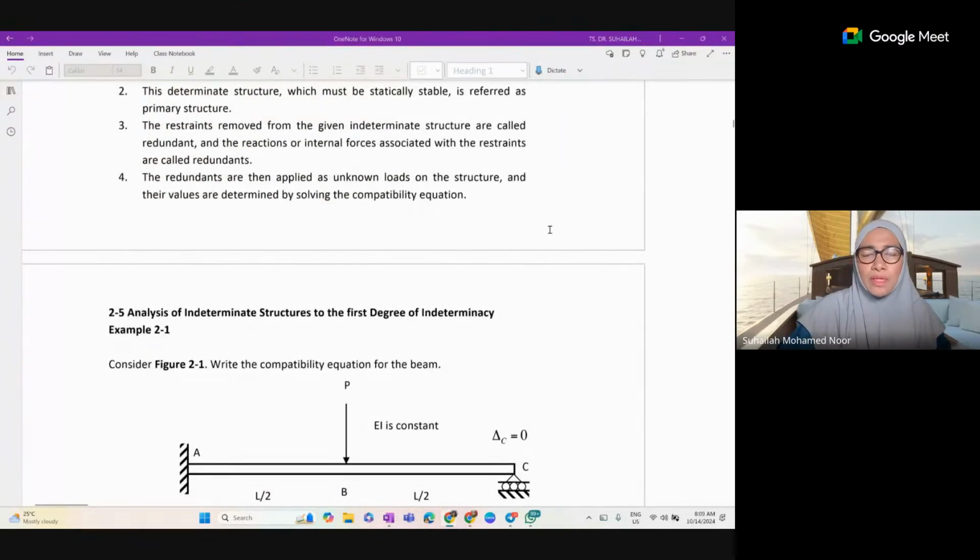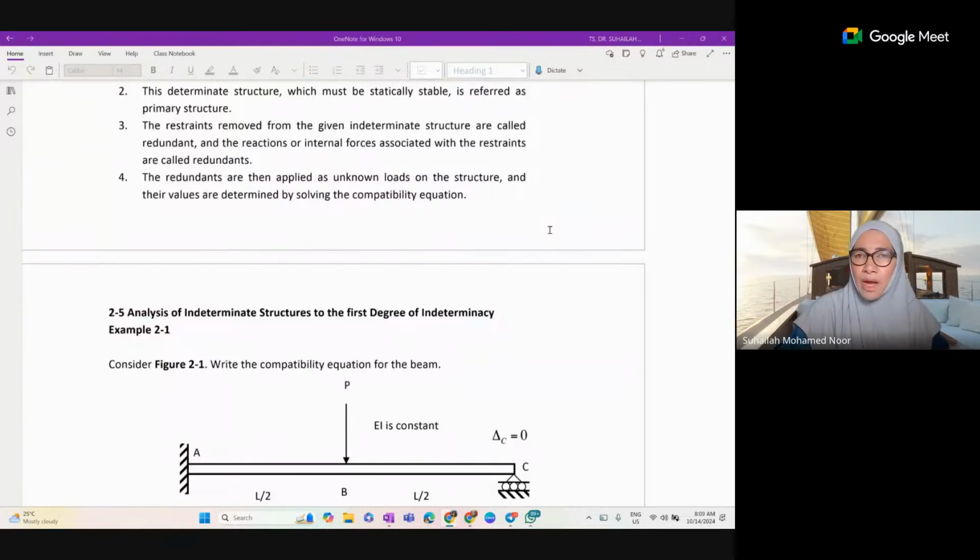Always remember that the goal, the objective, the outcome for the flexibility method is to calculate the unknown reaction. We cannot analyze the unknown reactions in indeterminate structures directly, because there are more than 3 unknown reactions, and only 3 can be determined using equilibrium equations. That means we have to have another equation to solve for the redundant.